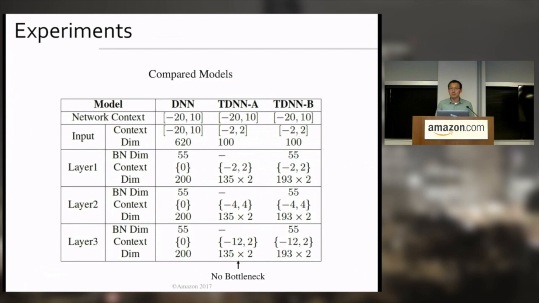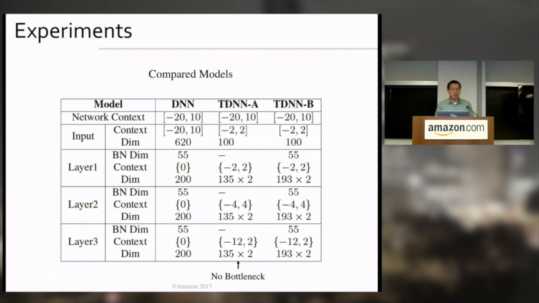After that, we trained 2 types of TDN. The first one, TDNA, is without SVD compression. It has 5 frames as input, that's a 100-dimension feature vector. It has 135 dimensions in the hidden layers. After that, we also trained the second TDN, which is TDNB. It has similar architecture as the first one, but it has SVD compression. For example, similar to the DNN, it has 55 dimensions in the linear bottleneck layers.